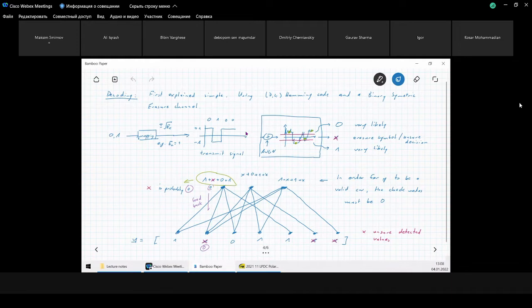Okay, and we made quite a simple model here in our example. We wanted to use a so-called binary symmetric erasure channel, where we basically have three possible channel outputs. So we map our bits, zeros and ones, to plus minus square root Ec, or plus minus 1 in this case, for the transmission.